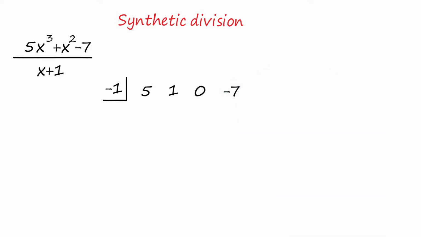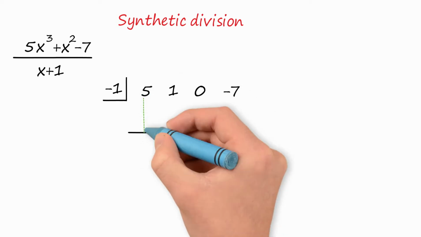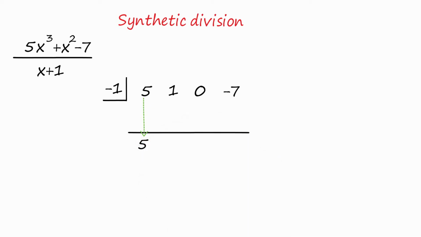Next step, draw just a horizontal line here below, leaving one row of space like that. Then we want to drop down the number 5 and write it again down here below the line.